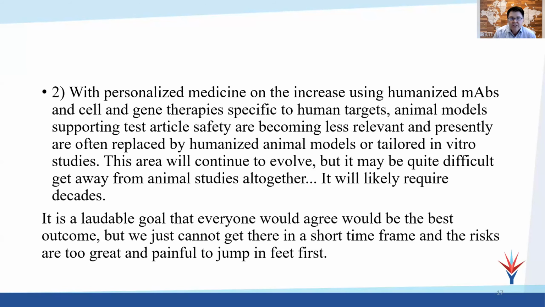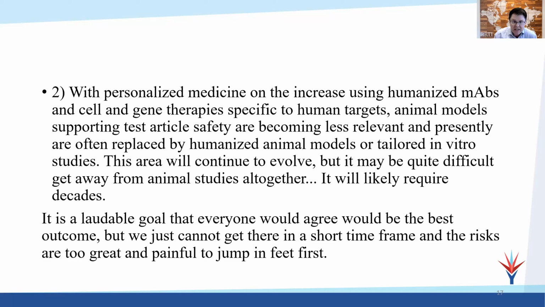This area will continue to evolve, and it may be difficult to get away from animal studies altogether, because what I showed you on basically the artificial mouse or the artificial human with a disease has yet to be totally validated. And so there's still much work to be done to get these to be commonplace.